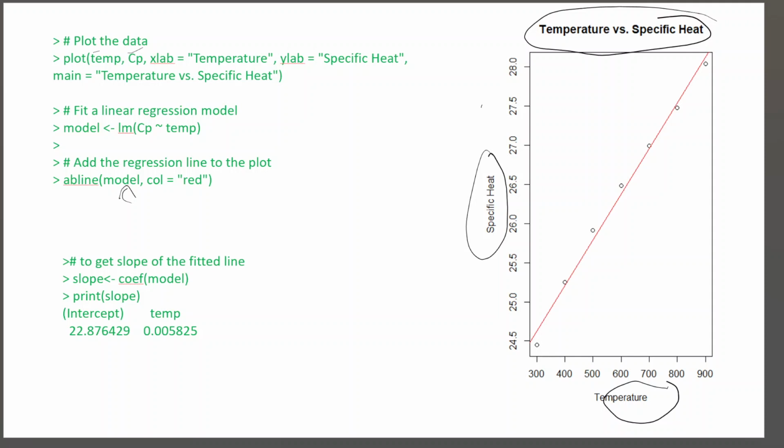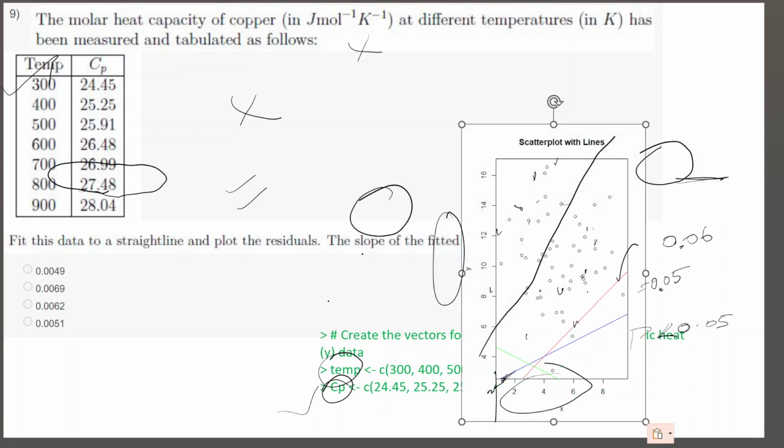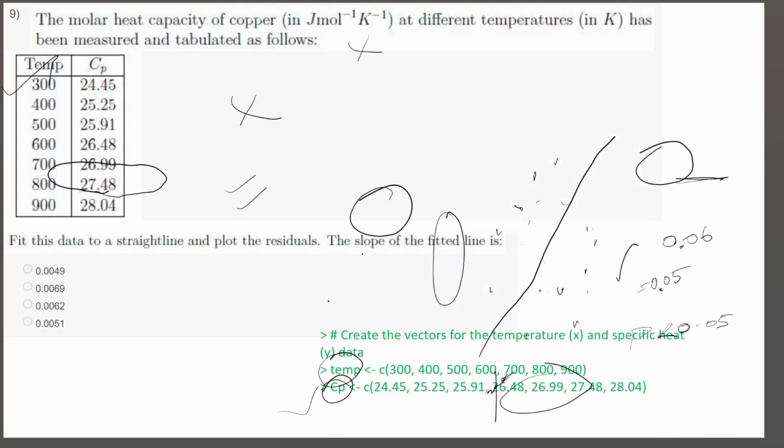The question is to find the slope of the fitted line.